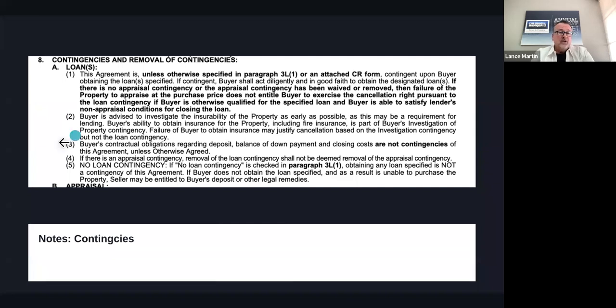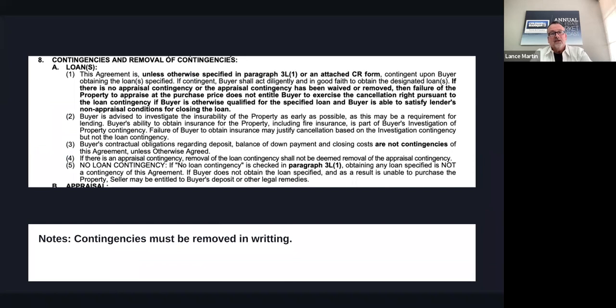So for the loan contingency, by default, this agreement is contingent upon the loan's approval, unless it's specified otherwise, or a contingency removal form has been attached when the offer is written.